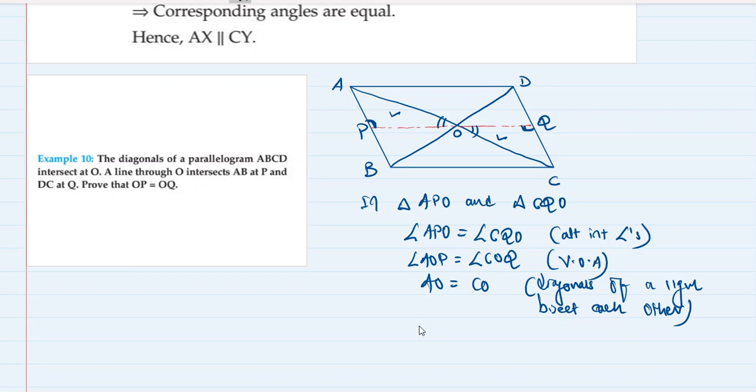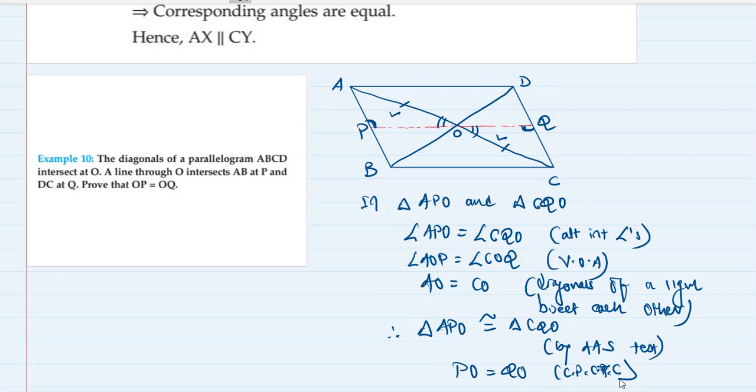So AO is equal to CO. Therefore, triangle APO is congruent to triangle CQO by AAS test. So we proved these two triangles congruent, and then we can say that PO is equal to QO by CPCTC.